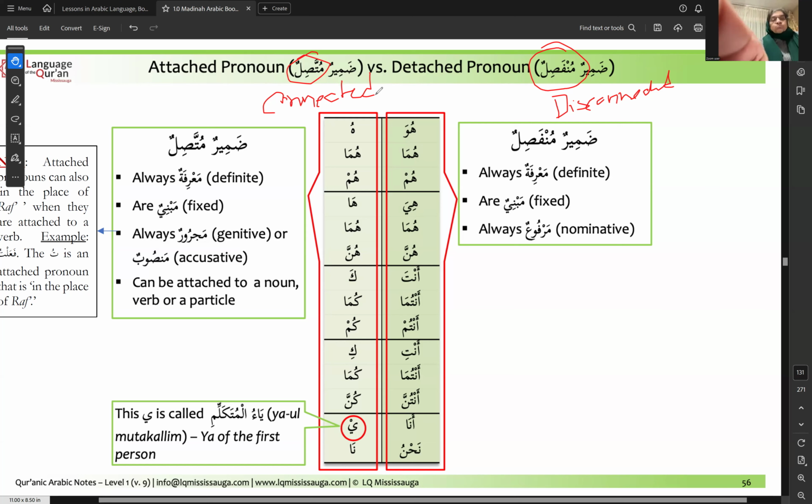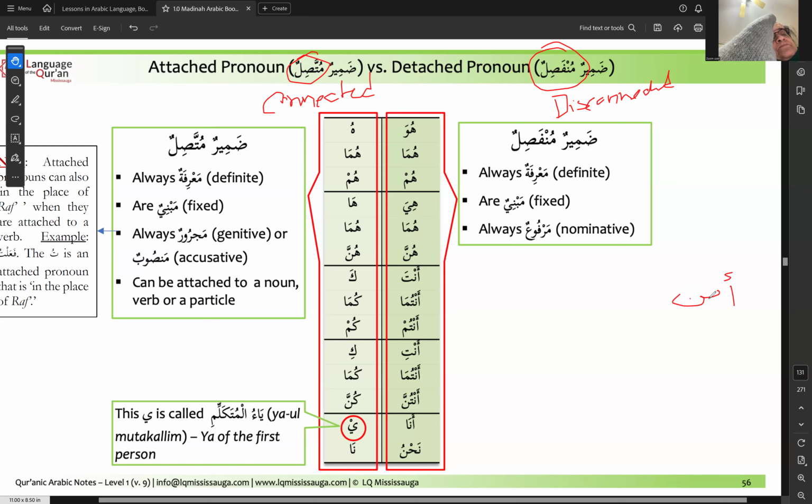And if you remember in your notebook at the very beginning, I asked you to make the table, and I wrote on one side of it the munfasil that we just covered, and now on the left side you can write the muttasil, the connected ones that are directly related to these. So what does this mean? I'll give you an example.